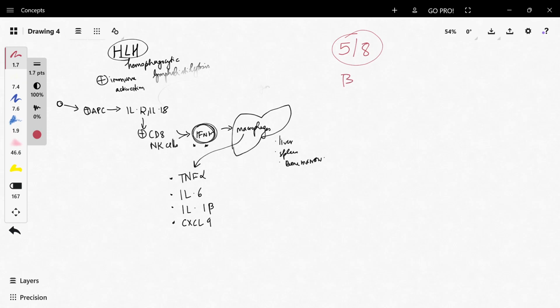The first one is bicytopenia, which is anemia and thrombocytopenia, and in some cases neutropenia as well. But mainly anemia and thrombocytopenia is what you need to remember.